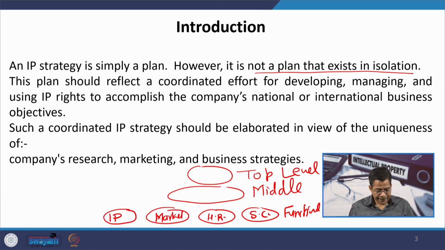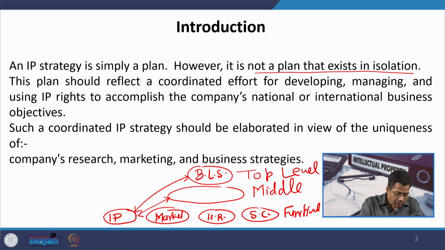One important thing is that IP strategy needs to be in alignment with the top level activities, or your business level strategy. All must be in alignment with your intermediate strategies also. And it is not only alignment with the top level strategy, but you need alignment with all the functional strategies.